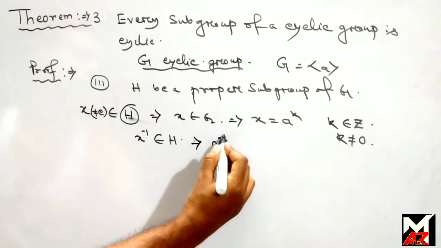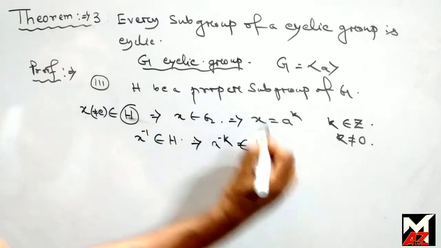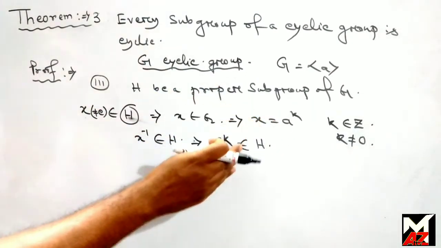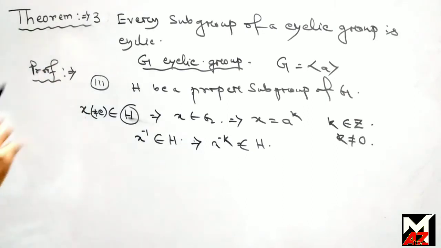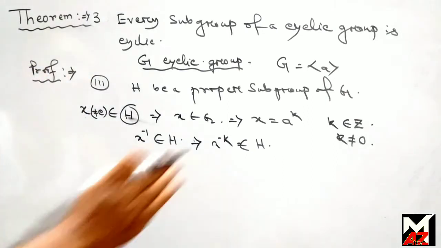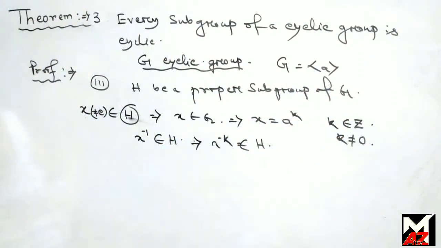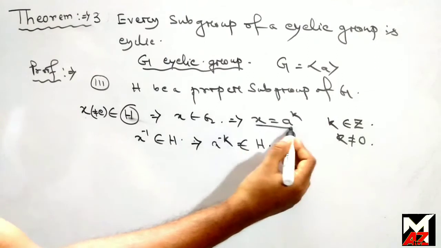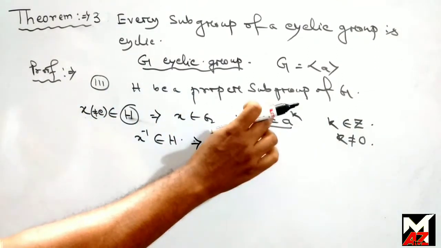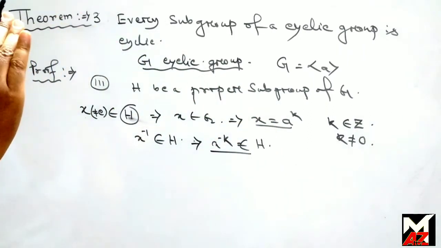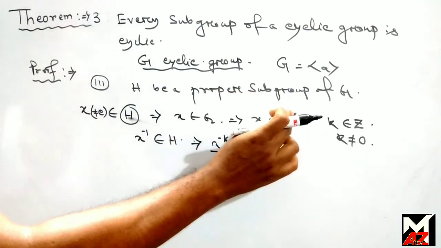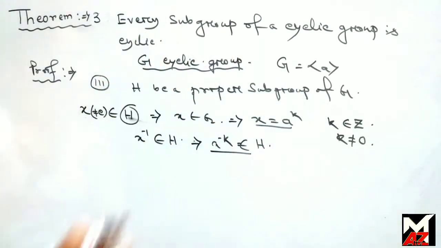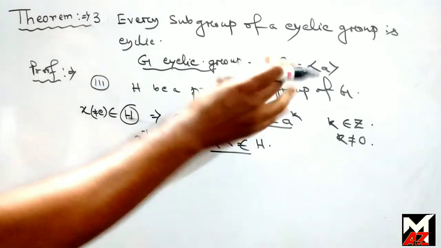That is, a to the power minus k also belongs to H. So from these two relations we say that any positive or negative power of a is contained in H. Now from these two relations we also show that some positive power must belong to H, because if k is negative then minus k is positive, and if k is positive, then from here we say that some positive power of a belongs to H.